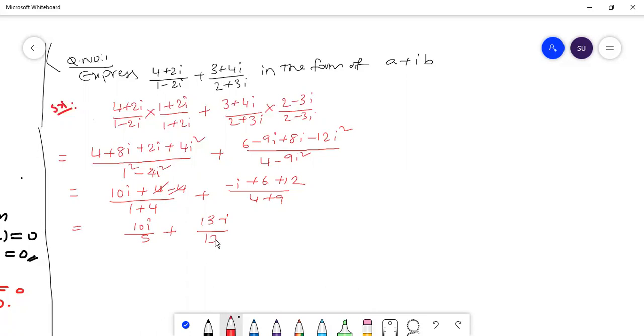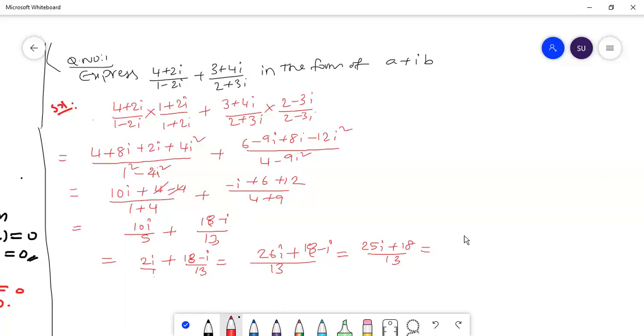If we simplify it, taking 13 as the LCM, 13 twos are 26i plus 18 minus i, which is nothing but 25i plus 18, all by 13.